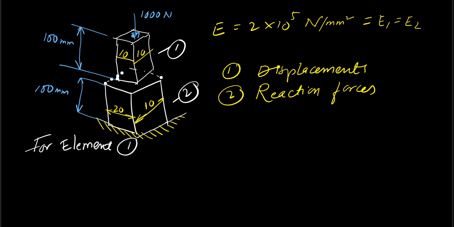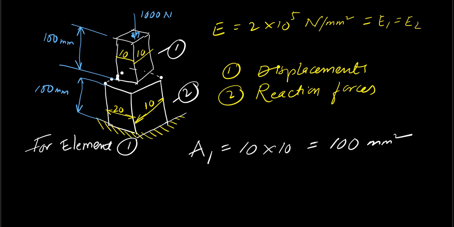The area will be A1. The area for this element is length into breadth, L into H or L into B, anything you can take. So 10 into 10 is 100, and the unit will be millimeter square. That is the area for element 1.